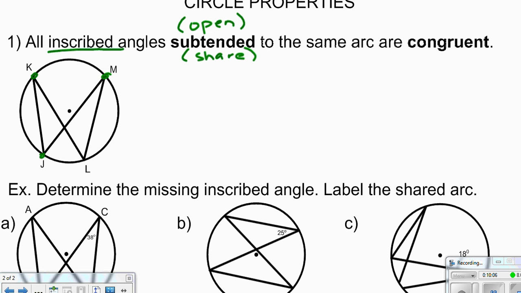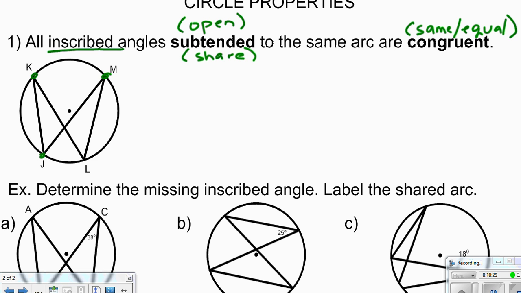They are congruent. And when we say congruent, we mean that they are the same, or that they are equal. Subtended and congruent are two of your key terms that you need to know, but you can't really draw them onto a keyword diagram.